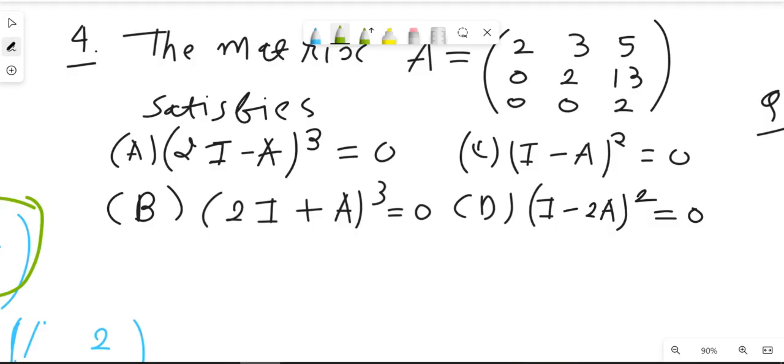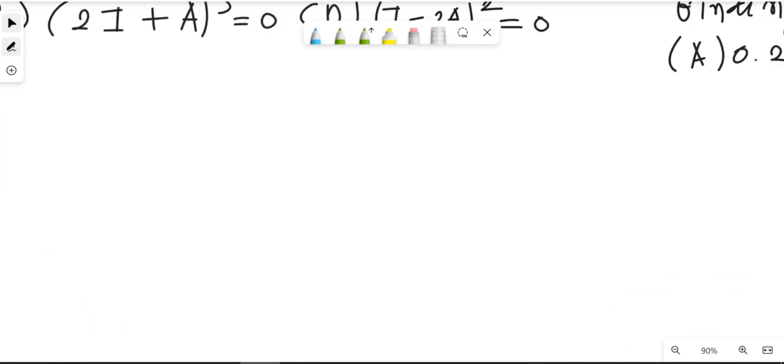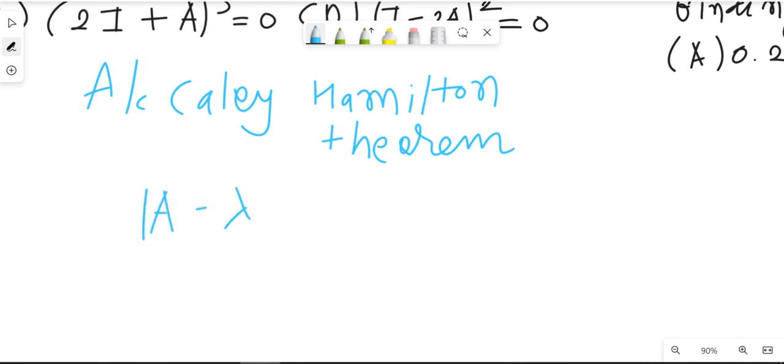So here matrix A is given, and we are asked which condition this matrix satisfies. For this type of question, we have the Cayley-Hamilton theorem, which states: according to the Cayley-Hamilton theorem, we have the relation mod A minus lambda I is equal to 0.